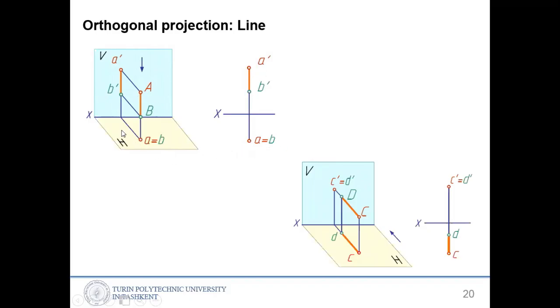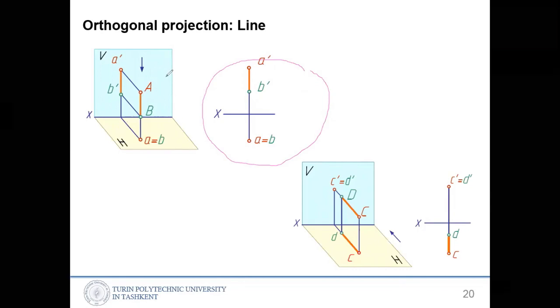But if you open the H plane downward, it will be one point, because A and B lie in the same position. Same point, so A equals B. If you see this kind of notation, it means the line is perpendicular to the H plane. So that will be projected to the V plane.